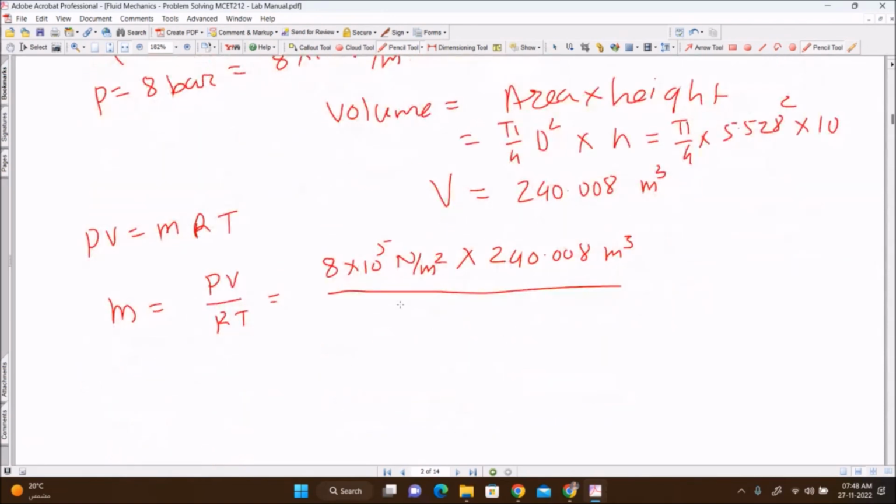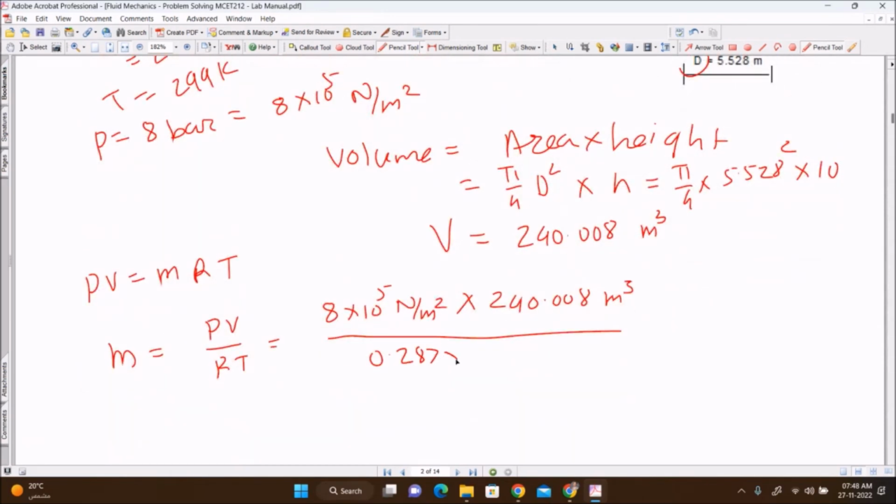R is given as 0.287 into 10 to the power 3 joules per kg Kelvin, and temperature must be in Kelvin.